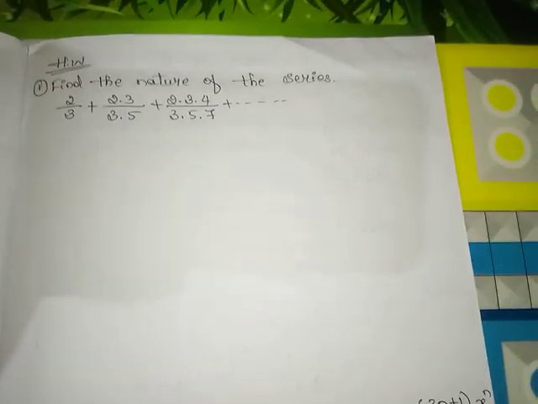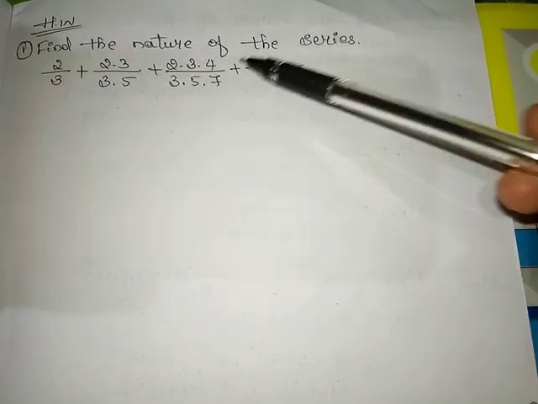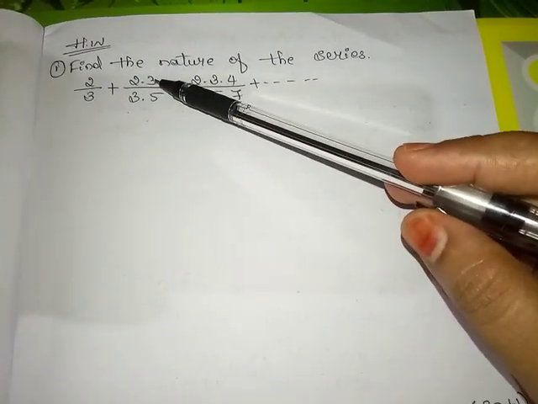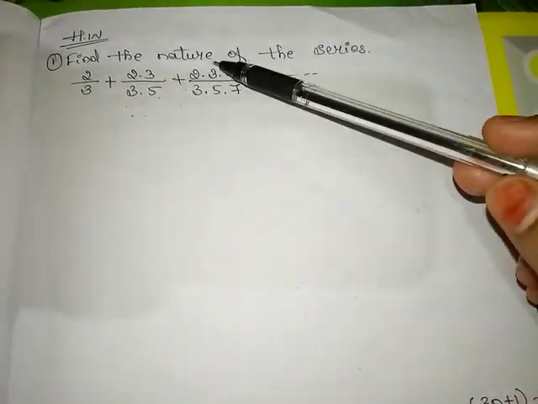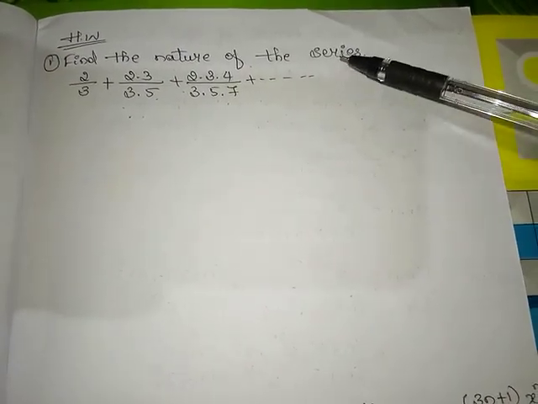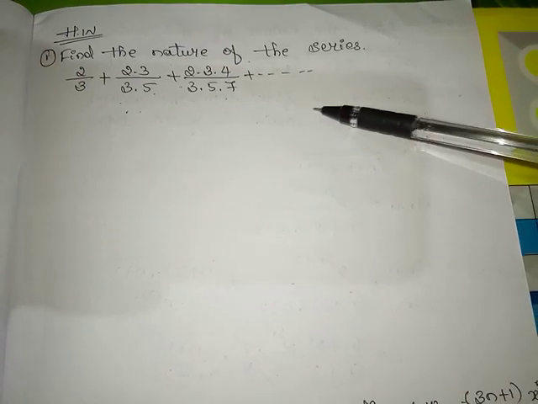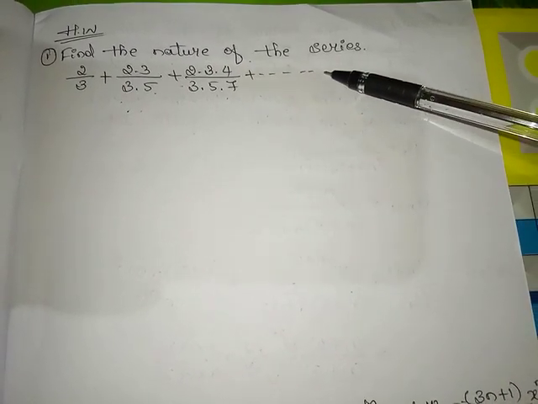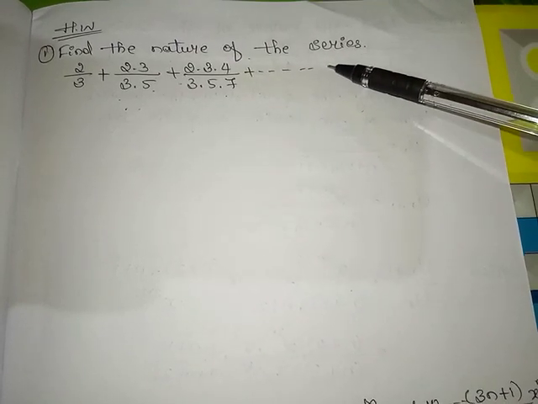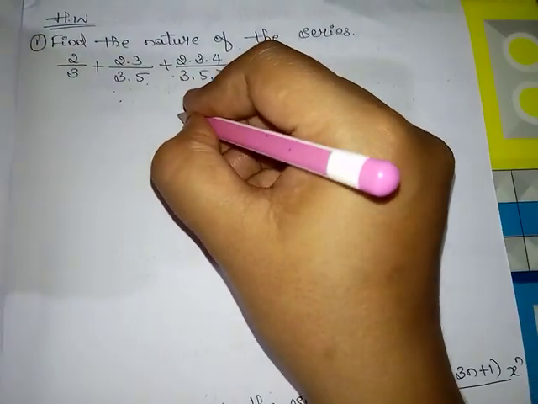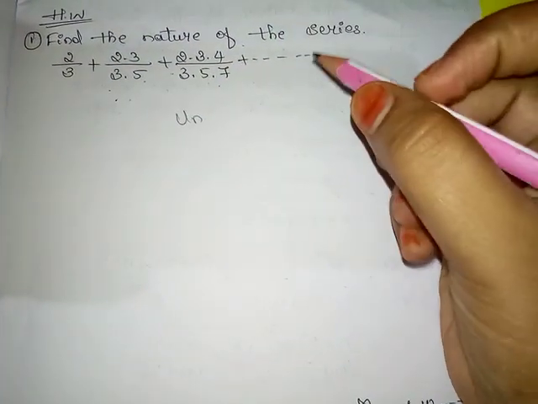Now come to the homework examples. Find the nature of the series 2 by 3 plus 2 3 divided by 3 5 plus 2 3 4 divided by 3 5 7 plus and so on. This is the given series. You have to write what will be the nth term of this given series. First write un.